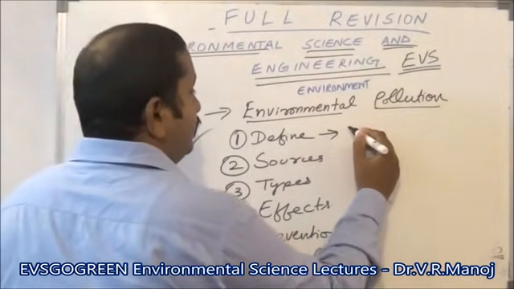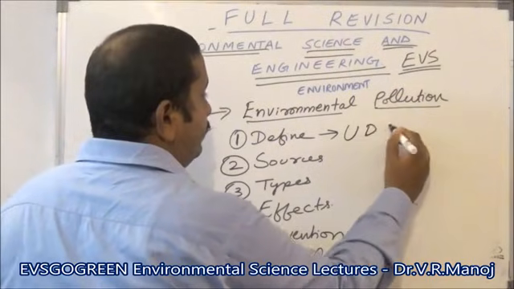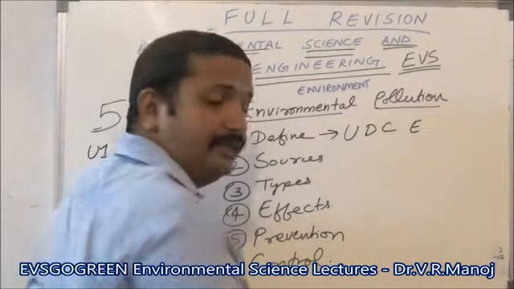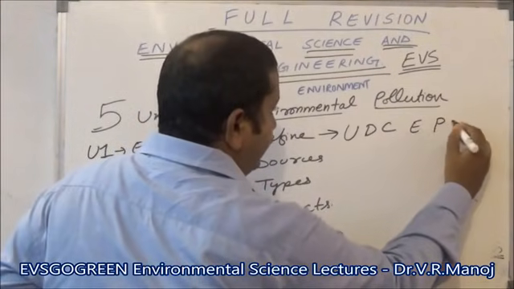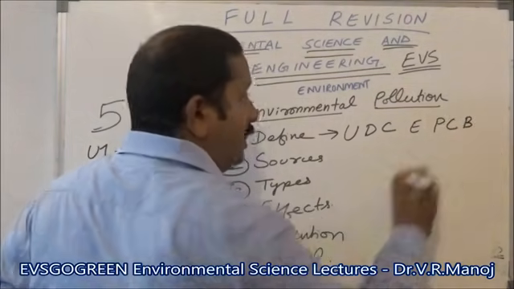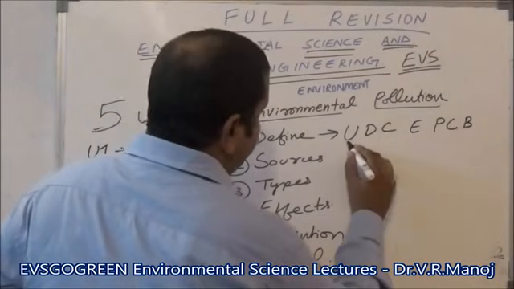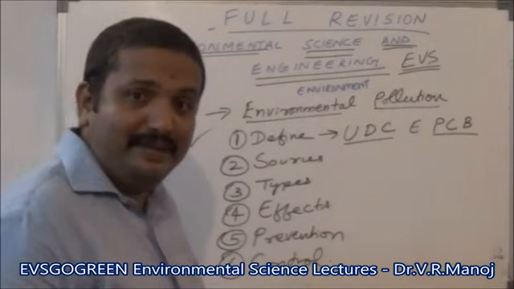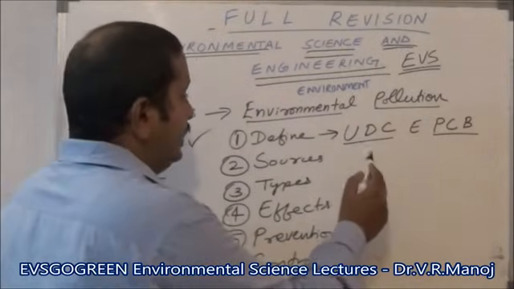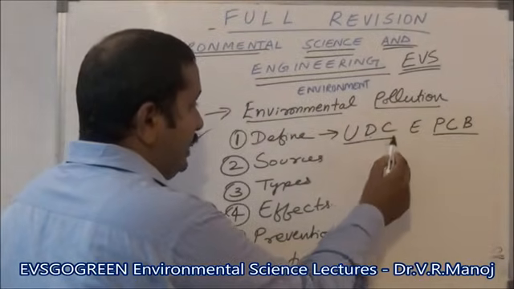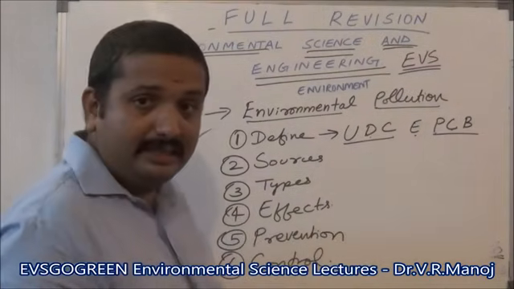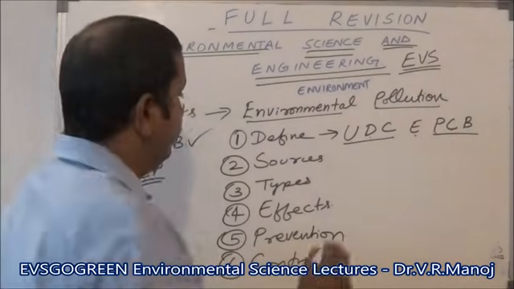Any environmental pollution is defined as an undesirable change caused in the environment by physical, chemical or biological agents. So UDCEPCB, remember this series of words. Any undesirable change in the environment caused by physical, chemical or biological agents is called environmental pollution.